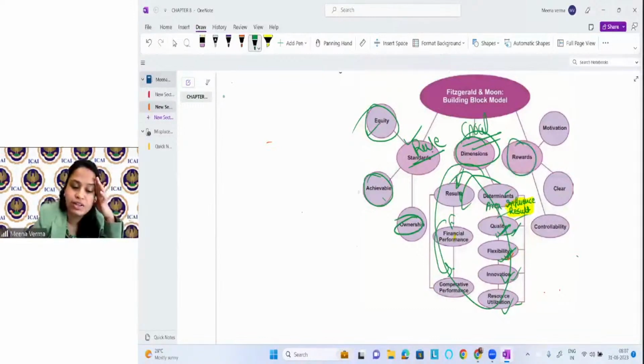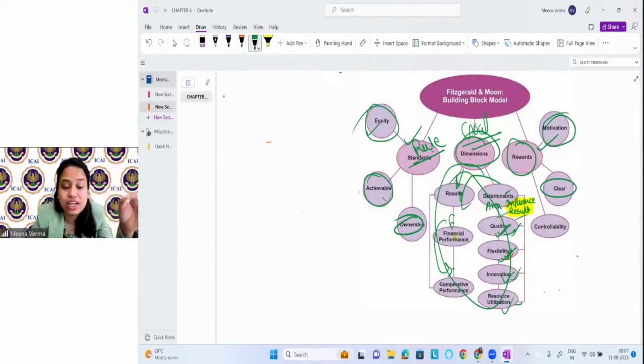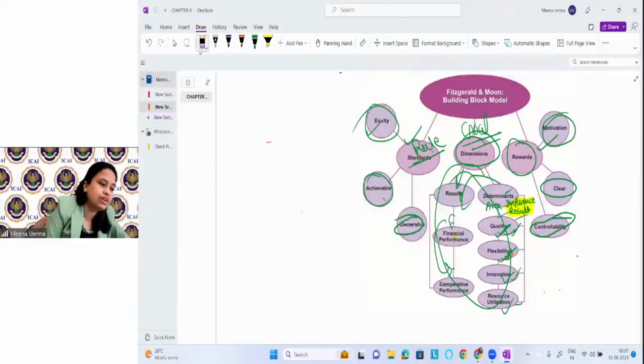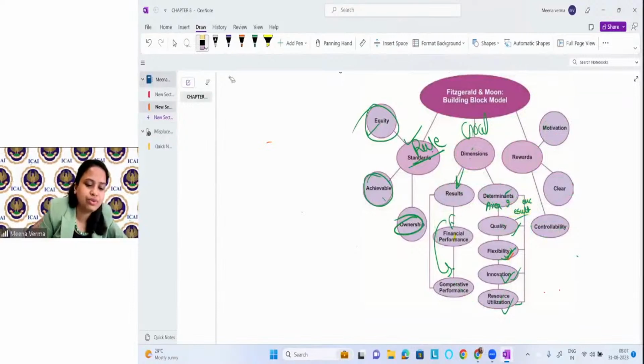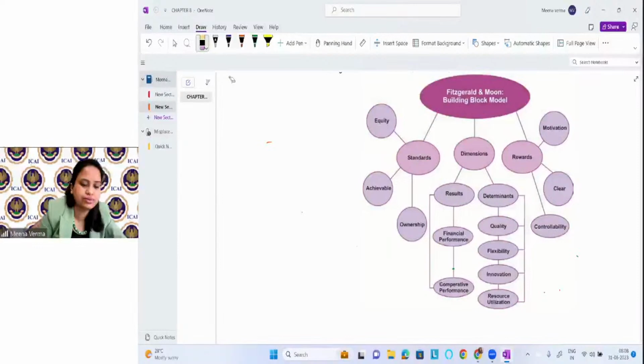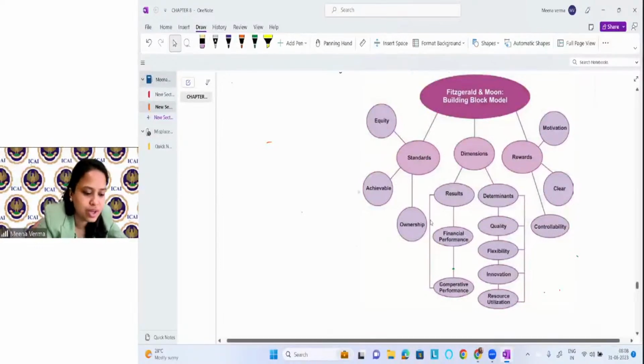Then rewards should be in such a way that they motivate the employee, and the reward policy should be clearly communicated to the employee. Reward or penalty should be given to the employee only if it is within the control or influence of the employee. So these are the points which we have considered here.